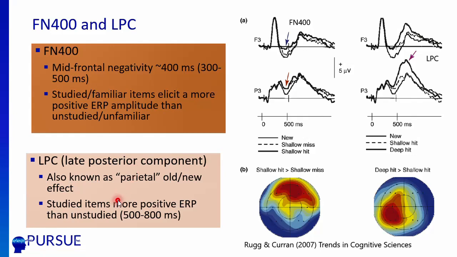Sometimes people call it the parietal old-new effect, and in this case, studied items are more positive than unstudied items. About 500 to 800 milliseconds is a typical window for that. Here you can see the topography is more left parietal, particularly for word stimuli, and it changes for picture stimuli. This is a common one that we also look at depending on the research study.